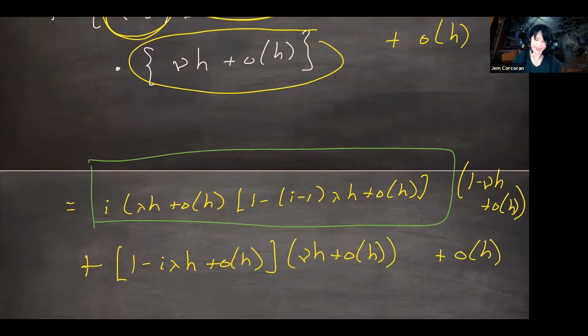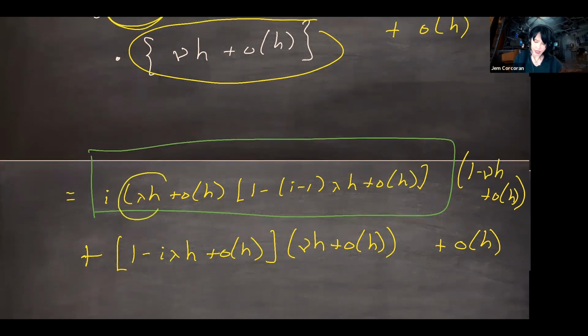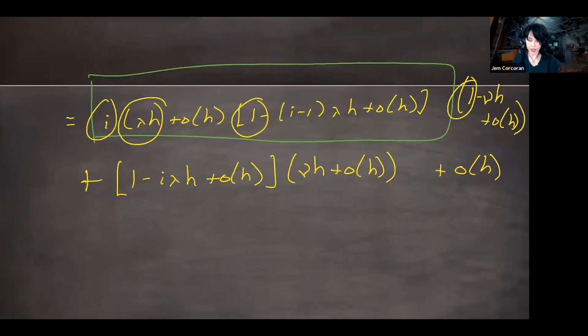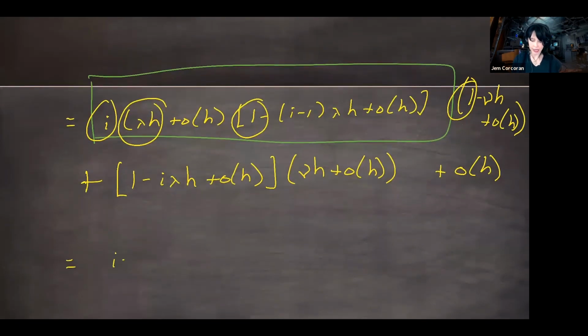And so what do we have? We've got what survives out of the top. So we've got a bunch of things to multiply, and I'm not going to multiply these all out. But if you take this times this times this, that is not little o of h. That has just h to the 1. And that all gets multiplied by I. So this is I lambda h. And then I claim the rest of the stuff in that top line is all little o of h. It's all powers of h of 2 or higher.